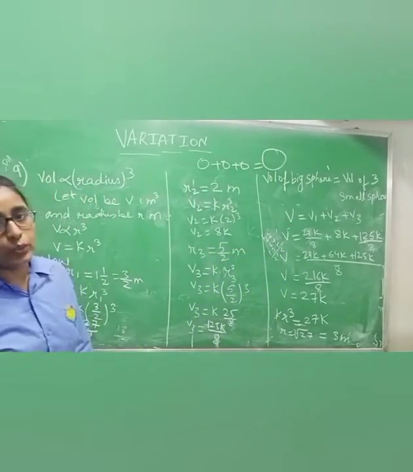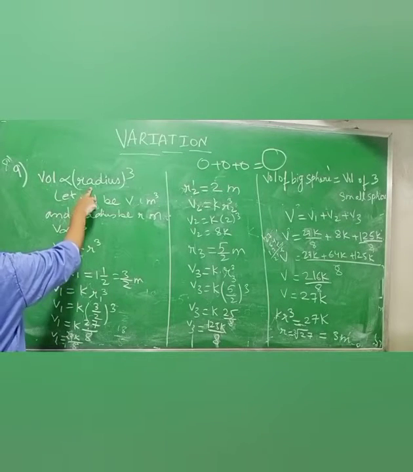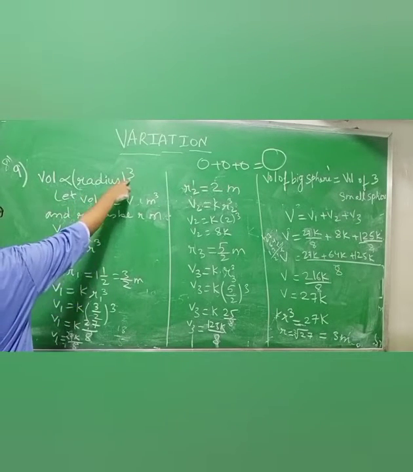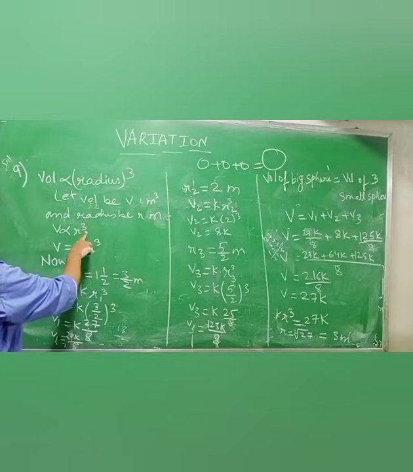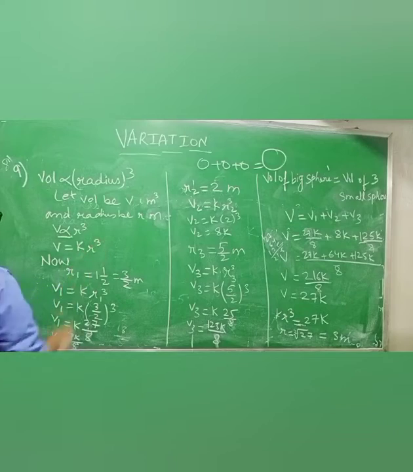Like this they are doing. So what is the relation? In place of volume I am writing v, in place of radius I am writing r. Then we have cube, so I am giving cube. Now we will remove this one, we will write v equals k r cube.